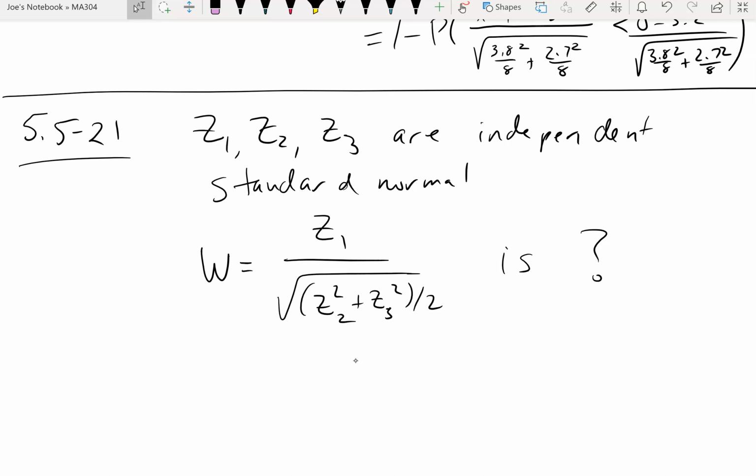They're independent, so when I add them together, we get chi-squared of 2, right? Now we're dividing by that 2. So this is standard normal on top divided by chi-squared with its degrees of freedom divided out on the bottom. So what kind of distribution does that relate to? That's the t, right? Remember, our t was standard normal on top, chi-squared divided by its degrees of freedom on the bottom, and the square root of it.